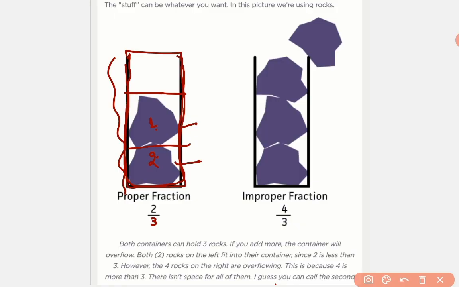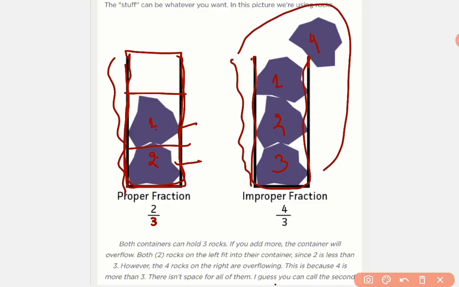Now if you look at this picture, this container can contain only three blocks, 1 2 3, and you are trying to add one more block in it. This is the fourth block. So what happens now? Since it is getting heavy, the fraction for this becomes improper.